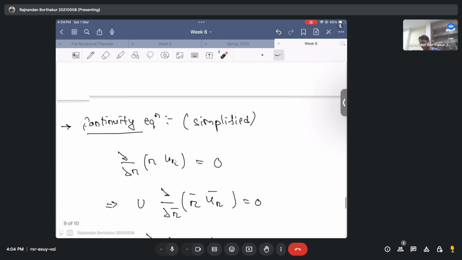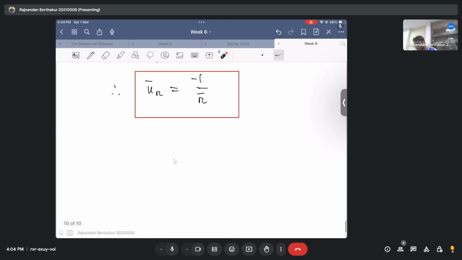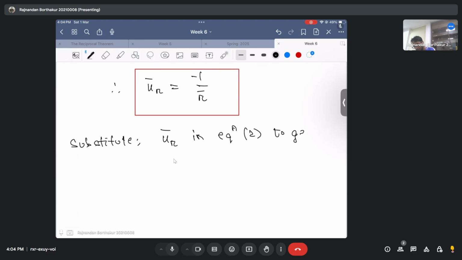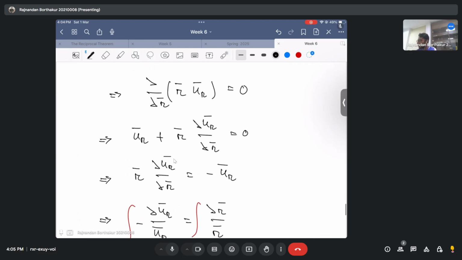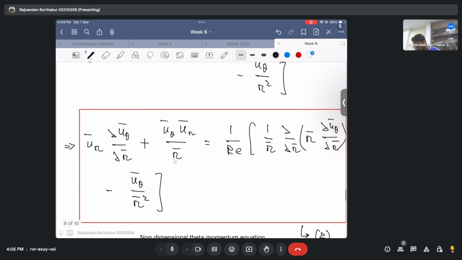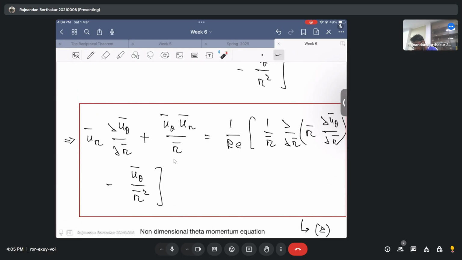But for now, we will substitute u r bar in equation 2, which is nothing but the theta momentum equation, to get u theta bar. And let's do this substitution. So let's see the theta momentum. One thing that we can do is that since this u theta is just a function of r, these partial derivatives can be written now in terms of complete derivatives.